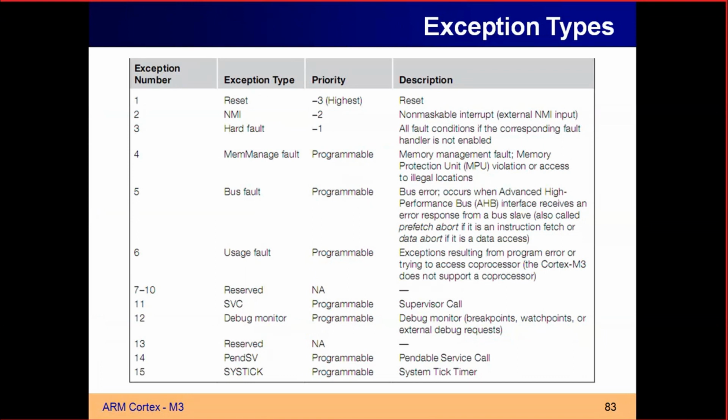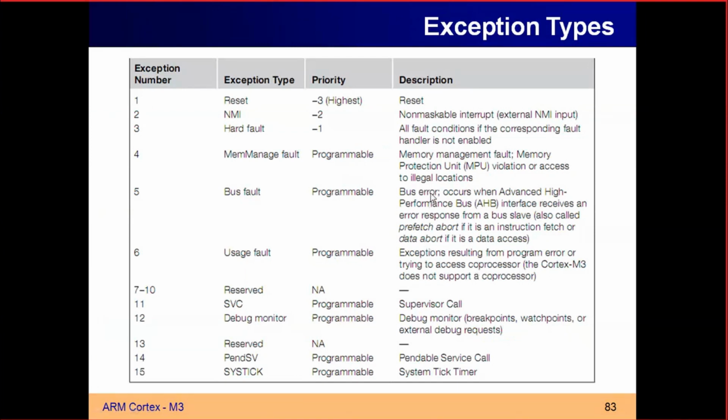You are trying to access a memory location which is locked by MPU, or trying to access some location which is not available. Then bus fault will occur whenever there is an error, that is data abort or prefetch abort. Usage fault will be generated when you are trying to execute some coprocessor instructions, and some other features are also there.